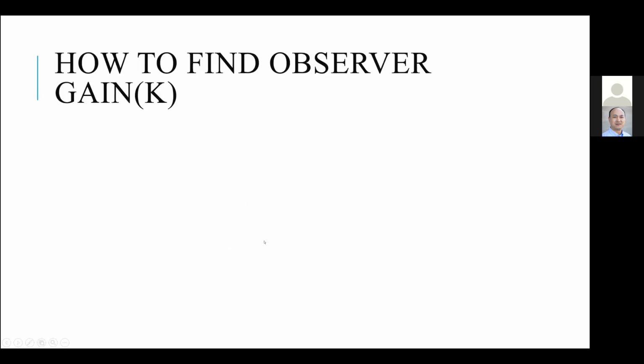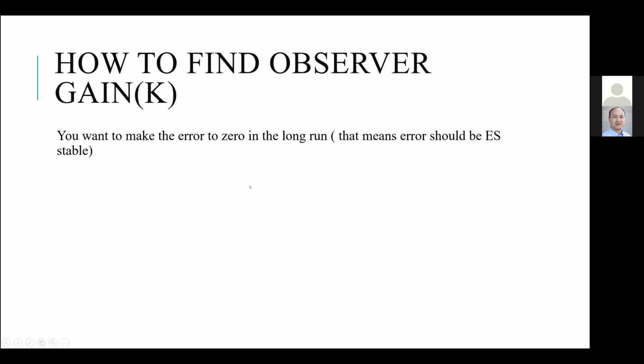Okay, how to find observer gains. I'm going through it faster. Assume there's an error e equal to x minus x hat. So e dot should be x dot minus x hat dot. I'm not going to do the calculation. In the end, you are going to have e dot equal to (A minus KC)e.